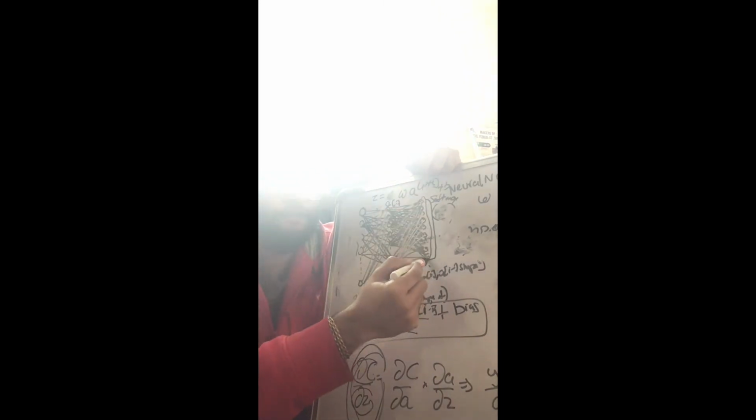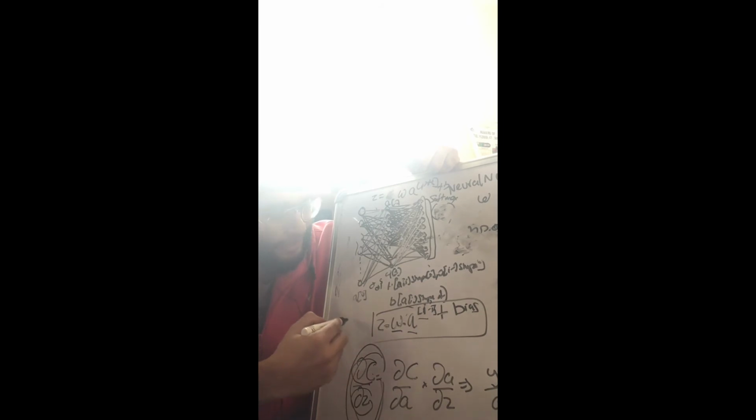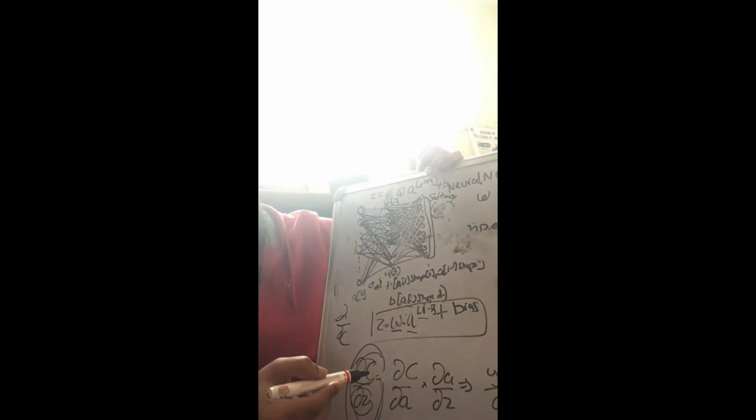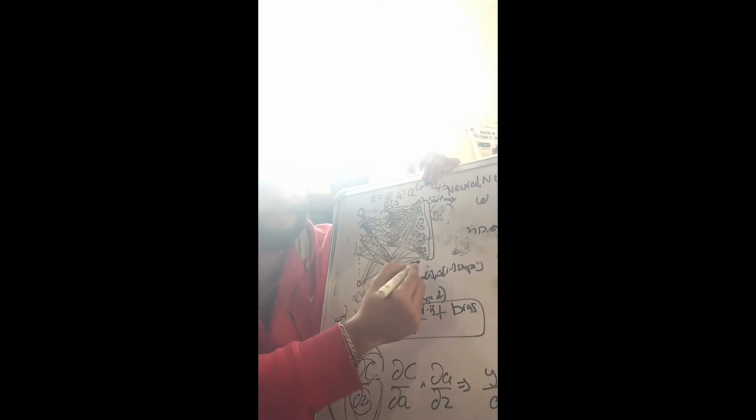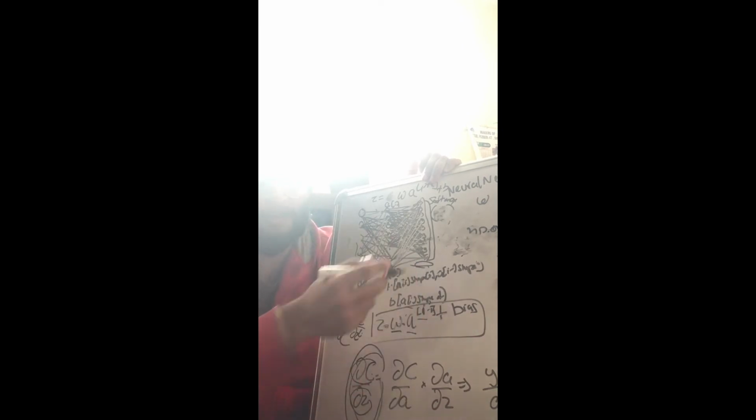So initially we are calculating the differentiation with respect to this activation layer. We need to calculate with respect to this layer as well. For that, we will calculate dc by dz with a different approach. We will get dc by dz by calculating dc over dz(l+1), the z of the next layer.